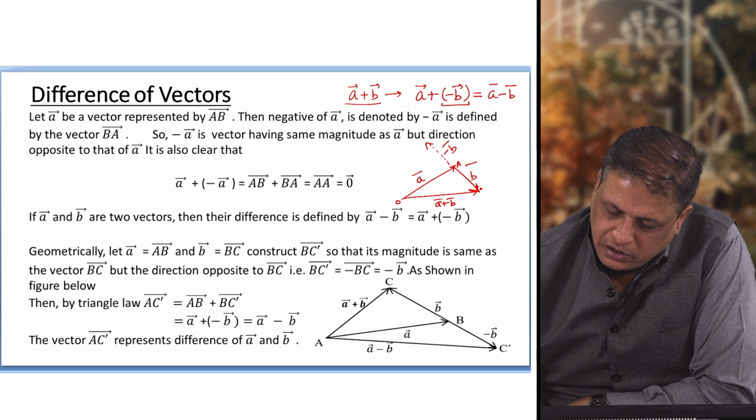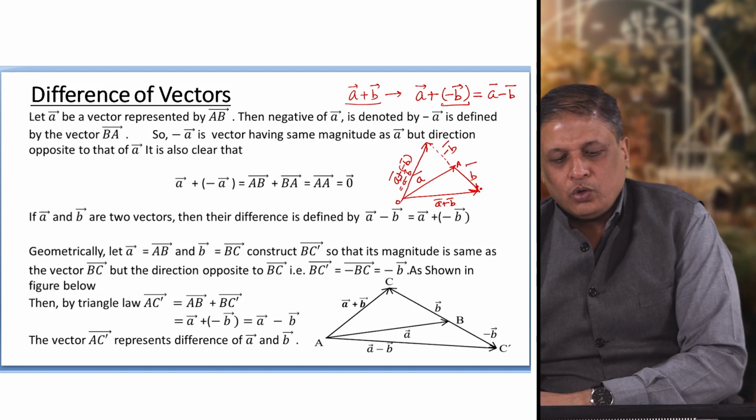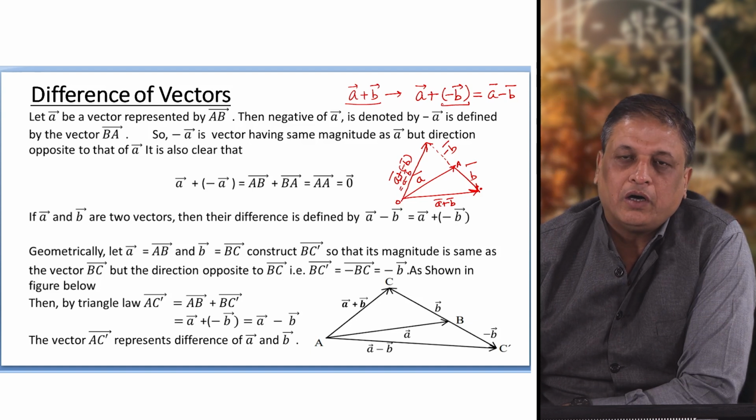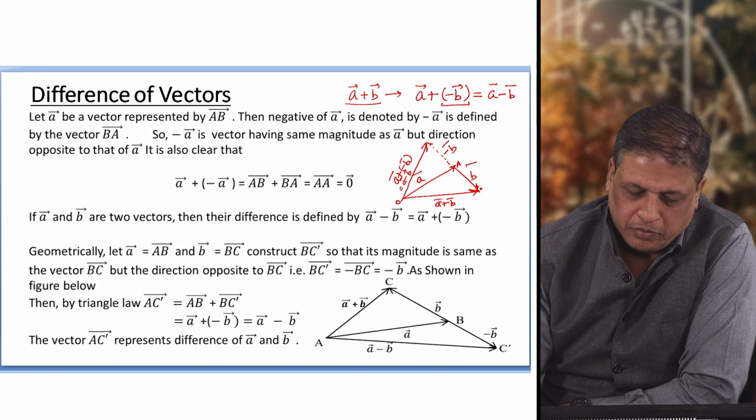Now, applying the triangle law of addition of vectors, the resultant will be a plus minus b vector. So, this is nothing but a vector minus b vector. That means the sum can always be represented in terms of the difference, or the difference can always be represented in terms of the sum.